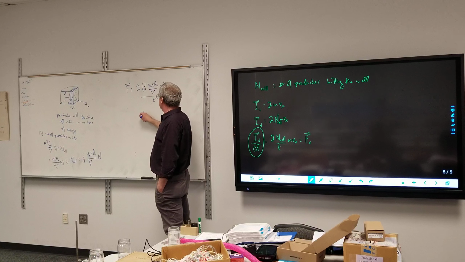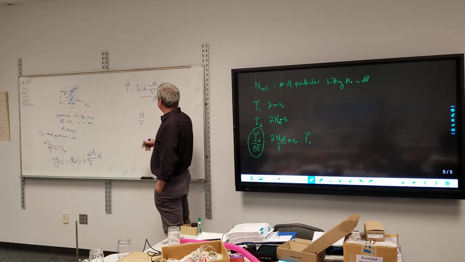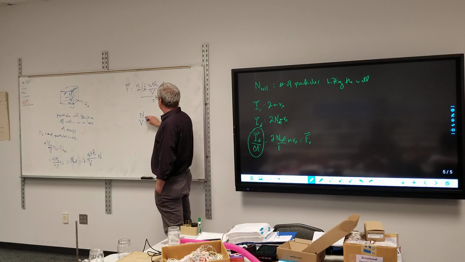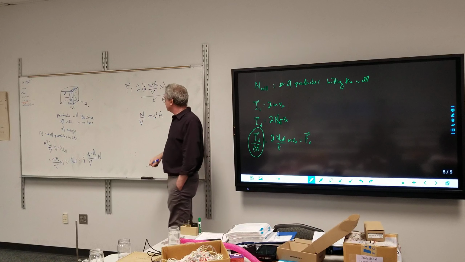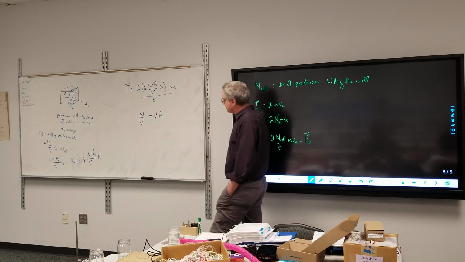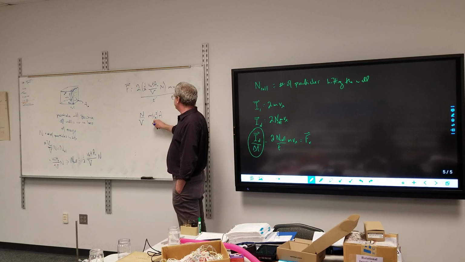Consolidating, I get N, the total number of particles, divided by the total volume, so the number density, times m Vx squared times A, and really, on average.